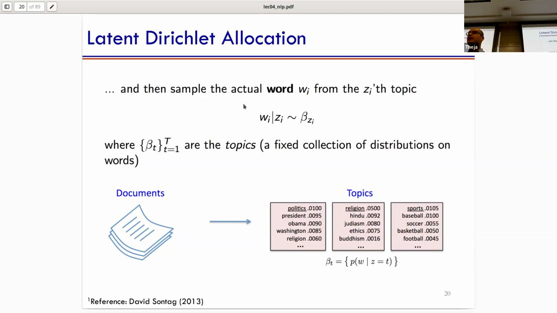Obviously you might sometimes get topics which are mixed, like both politics and sports, which is not that interesting, but you could get these very interpretable collections of topic themes. Any questions here?